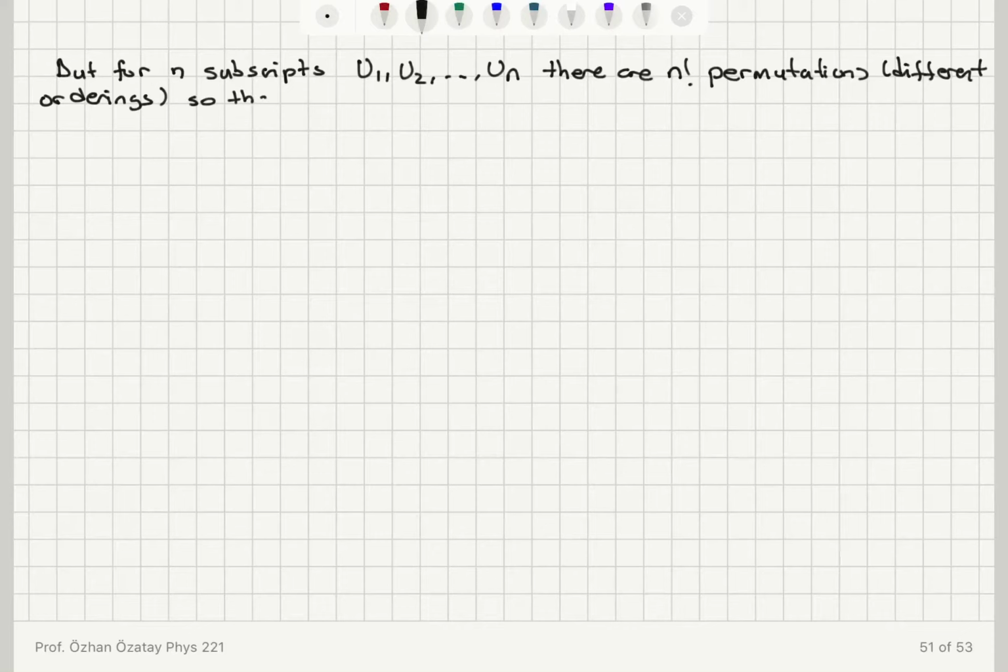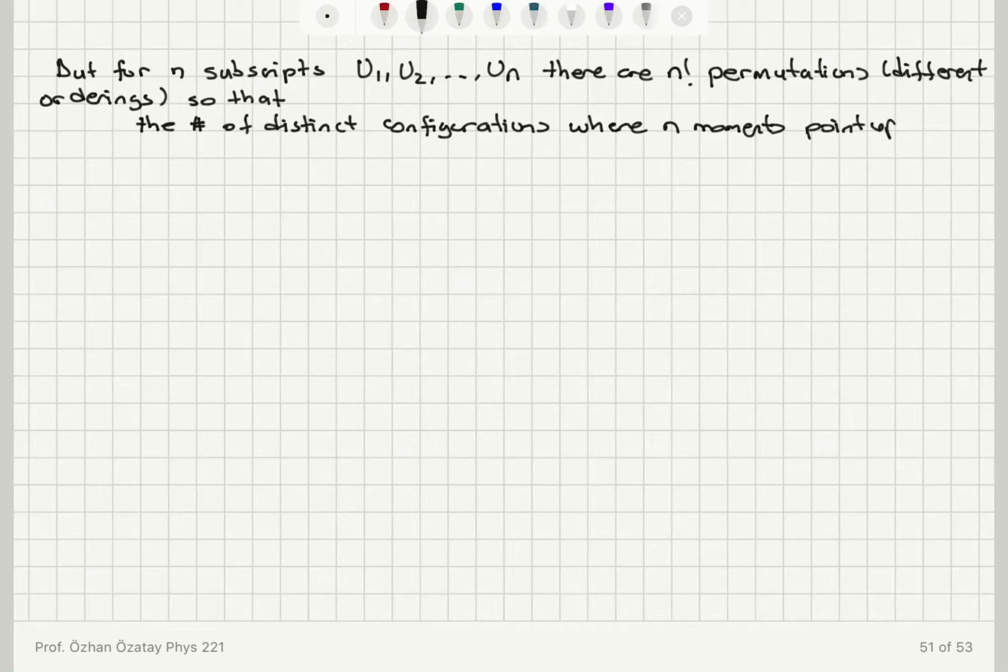So that when you look at the combinations, the number of distinct configurations where you will have n moments pointing up is given by C_N^n, the number of distinct entries divided by the number of permutations.